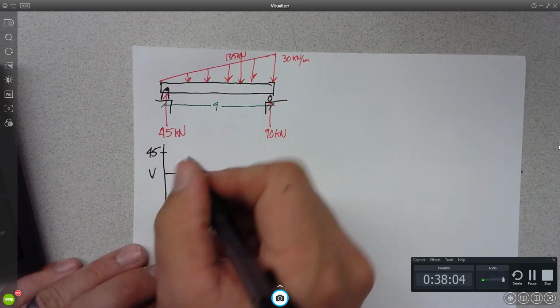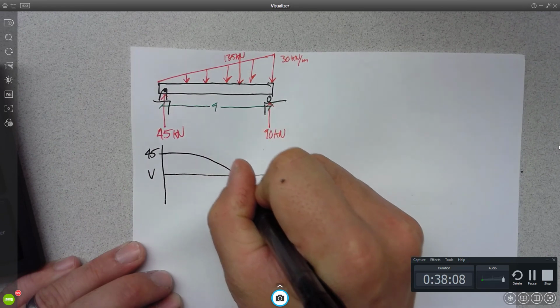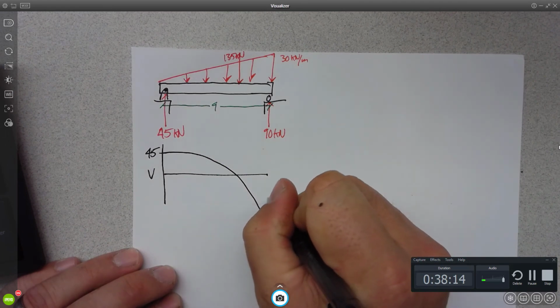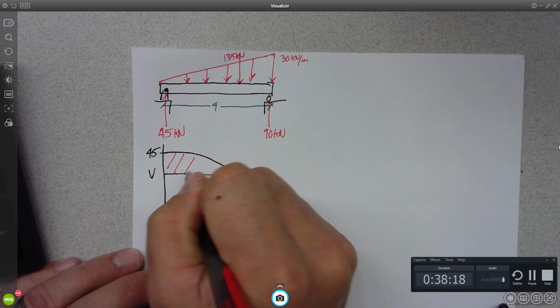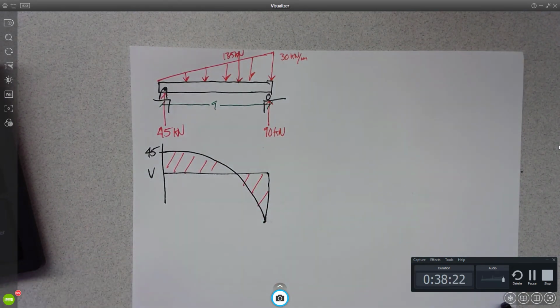Okay, so that means that I've got something that looks like this, okay, and then it jumps up. Okay, it's increasingly negative. Negative and increasingly negative. Yeah? Everybody good with that?